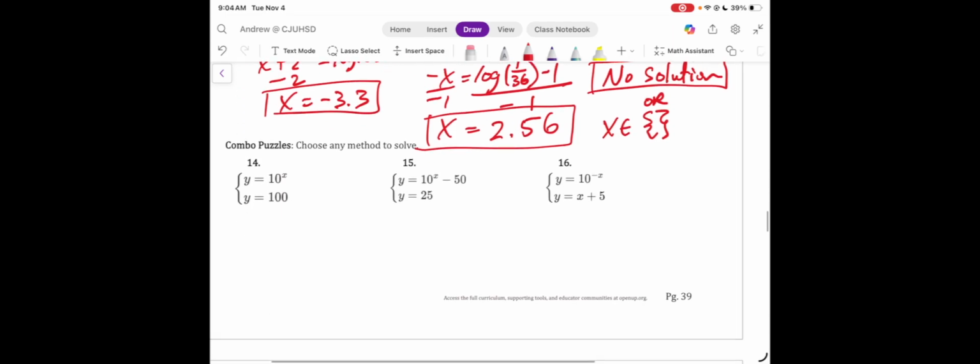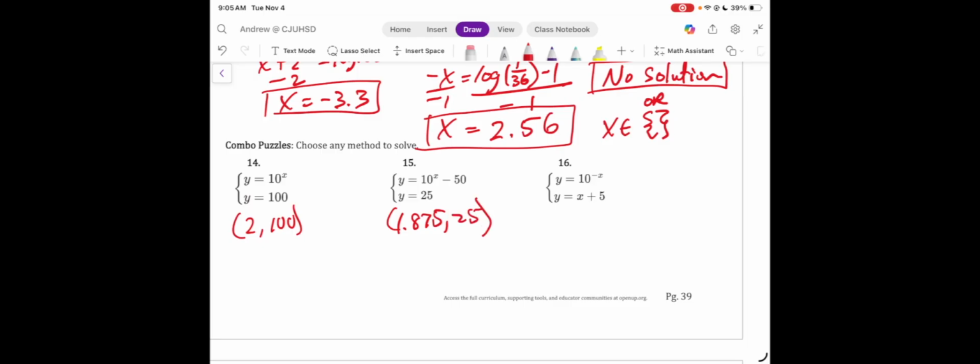All right, these combo puzzles, you can do this as a graph, or you can do it by setting the right sides equal to each other. If you do this by a graph, for example, you can use Desmos. You're going to get 100 here. You're going to get about 1.875, comma 25 here.